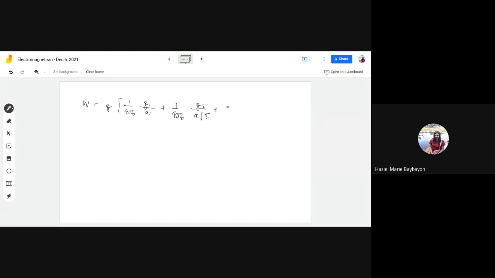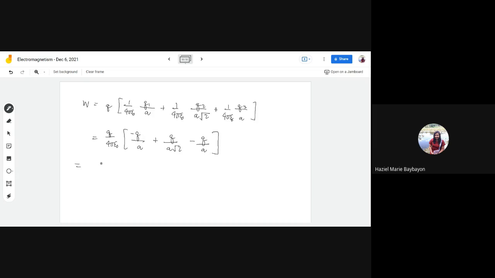And then lastly, we have Q3 over A. So we can take 1 over 4 pi epsilon naught out. So we have Q over A, and your Q1 is negative. Your Q2 is positive Q over A square root of 2. And your Q3 is negative, so minus Q over A.